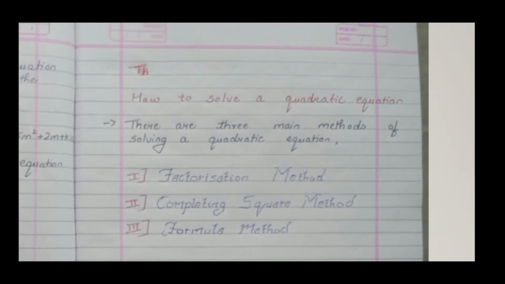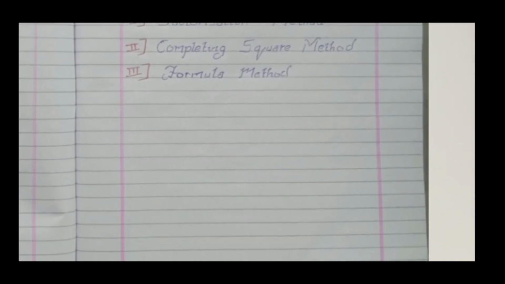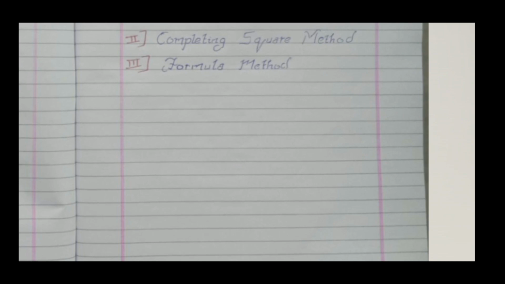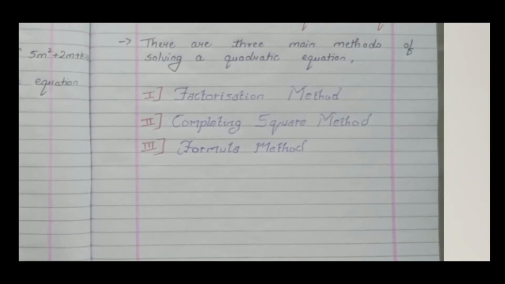This method we have studied from the lower classes and we know what exactly is required for it. The second method is the completing square method and the third method is the formula method. These two methods are completely new, so we will have to look into them in depth. So these are the three methods that are used to solve a quadratic equation.